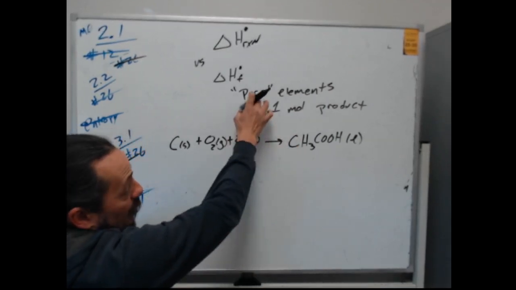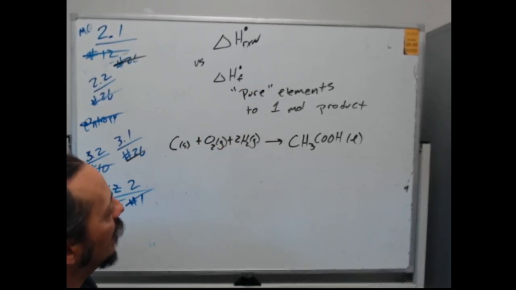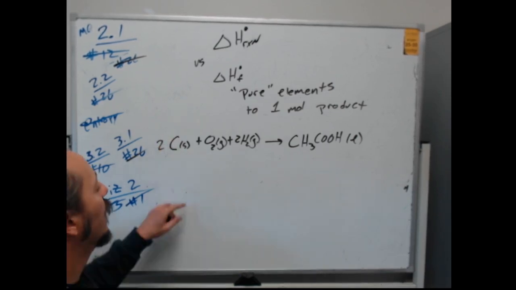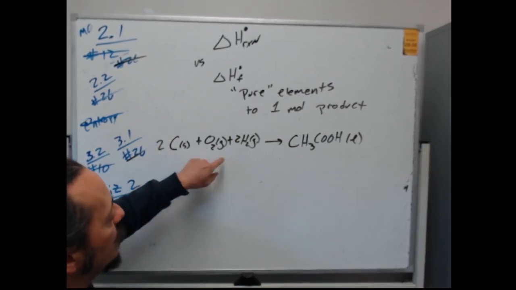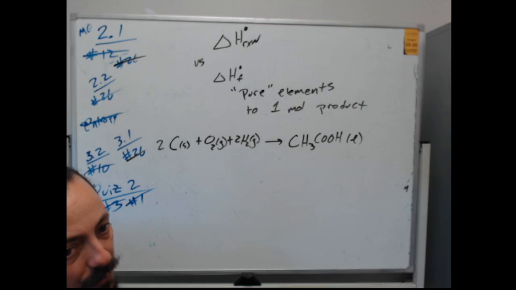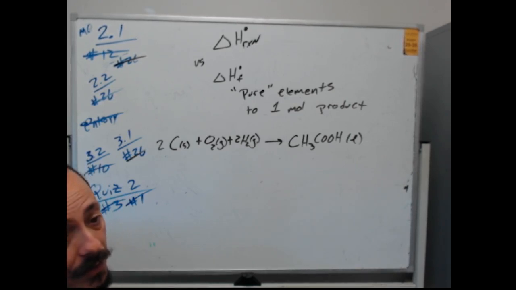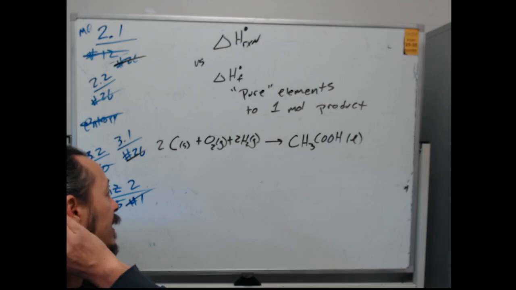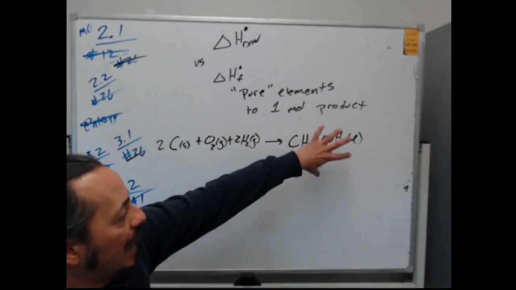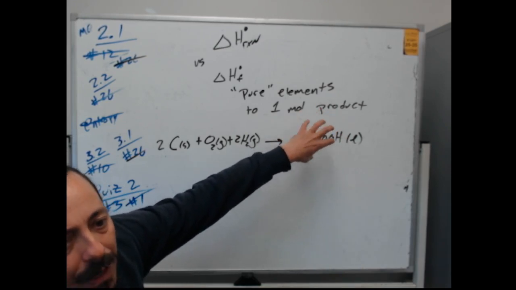I'm going from my pure elements. I put pure in quotes because of the diatomic gases. I've got to do 2 carbons, 2 oxygens, 4 hydrogens. That's going to be my delta H formation for this. It's a very specific reaction, and it's this idea of trying to get how much energy is embodied in this molecule. How much energy does that molecule carry around?